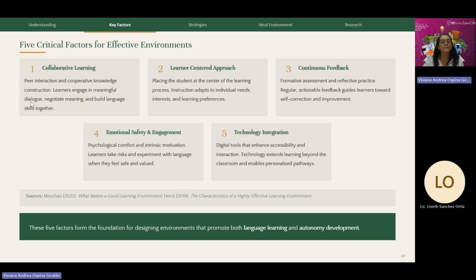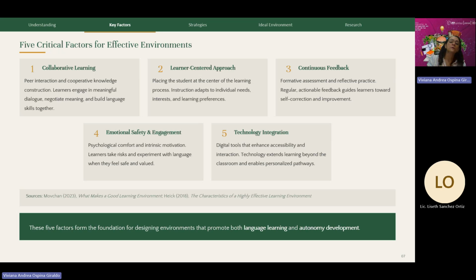All of this, if we think of how these 5 factors have an effect on the student's learning process, we need to think of them as the foundation for both language learning and autonomy development. So it's for both of them.